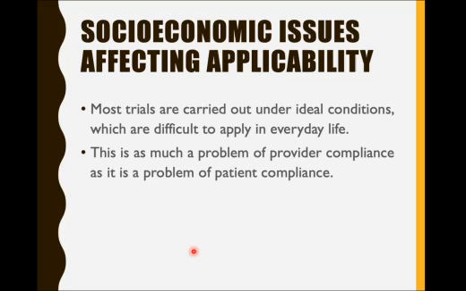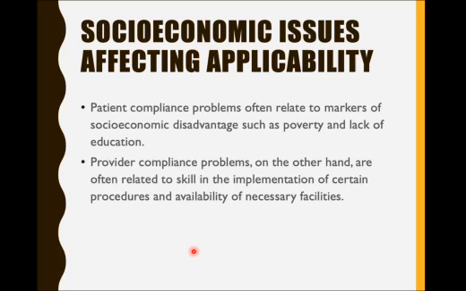Meaning, you can have a provider compliance problem, related to the institution you are in, and there is also a problem of patient compliance. Patient compliance problems often relate to markers of socio-economic disadvantage like poverty or lack of education. So you need to look at that as well.